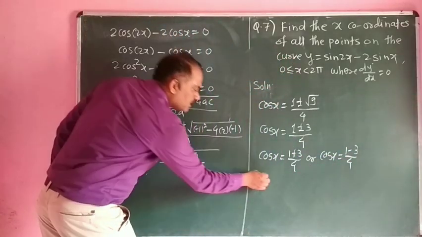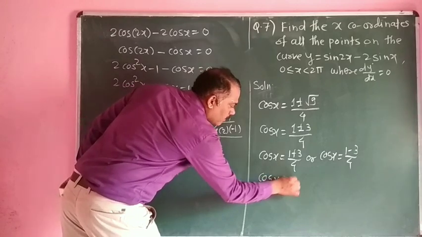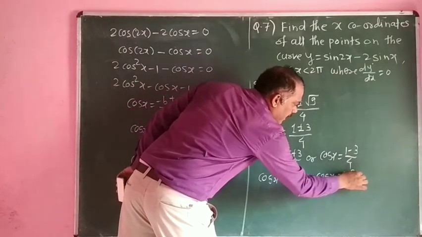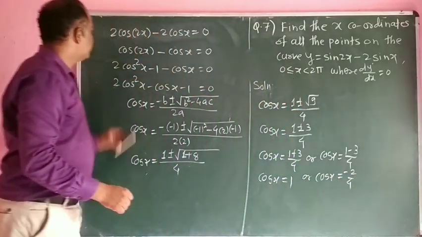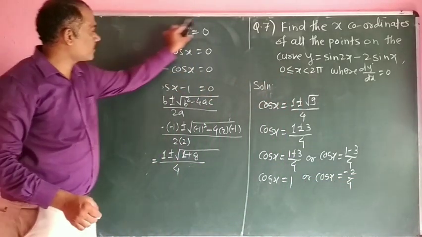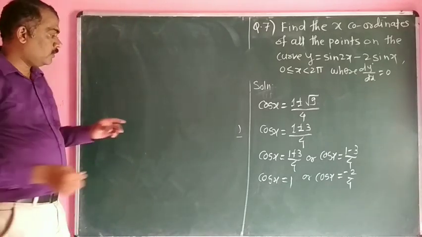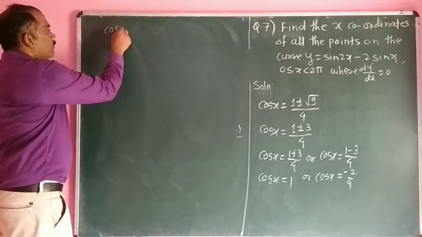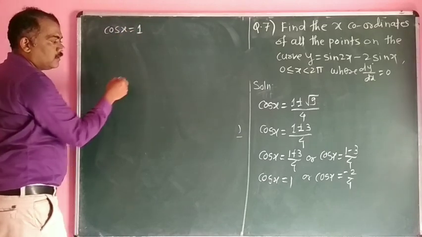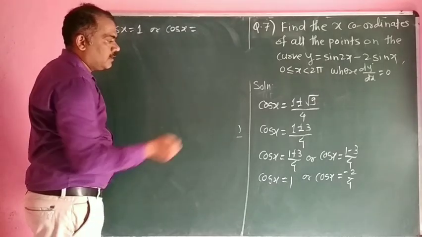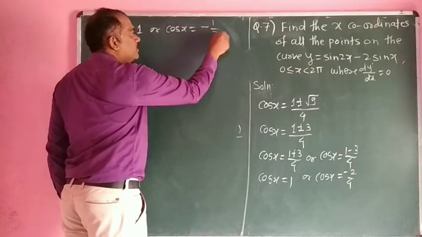That is cos x is equal to 1, or cos x is equal to minus 2 by 4. What do we get? Cos x is equal to 1, or cos x is equal to minus 1 by 2.